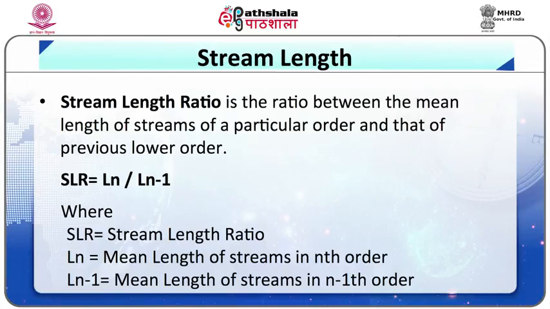It can be shown in the equation SLR is equal to Ln divided by Ln minus 1, where SLR is stream length ratio, Ln is mean length of streams in nth order, and Ln minus 1 is mean length of streams in n minus 1th order.